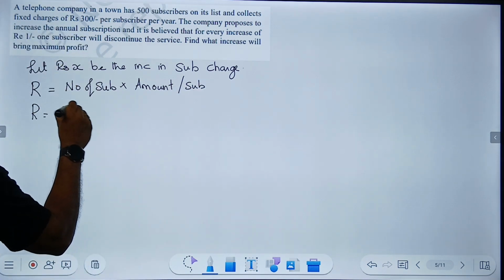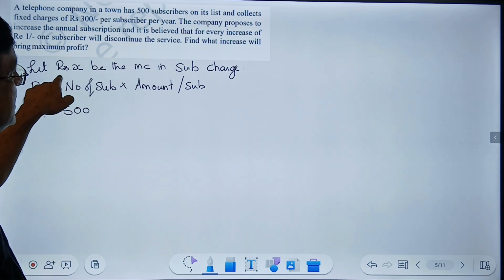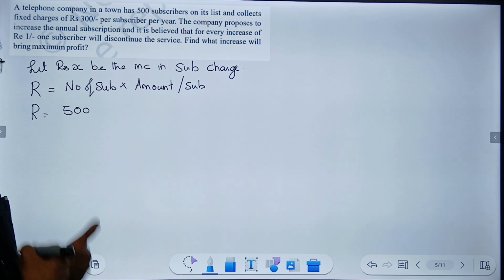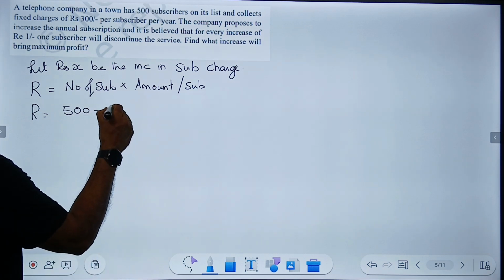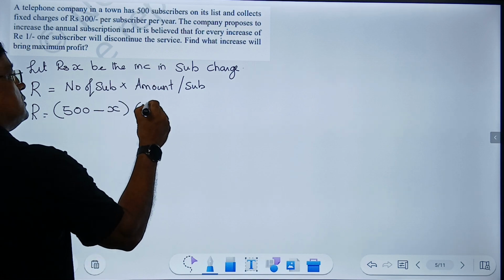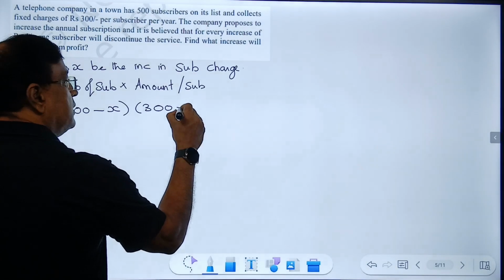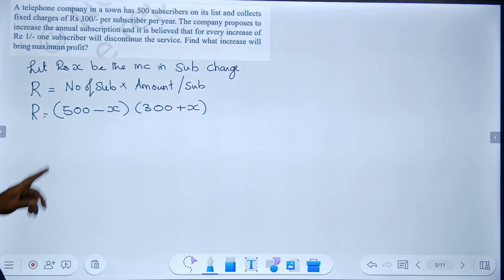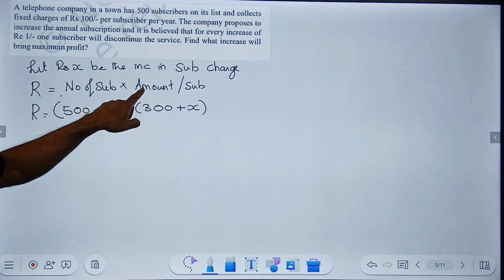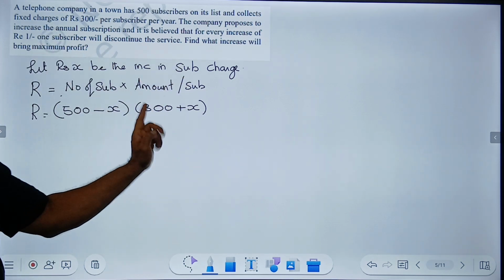Initially there were 500, but since I am increasing the amount by X, the subscribers will decrease by X. So the number of subscribers will be 500 minus X. Then my subscription charge will be 300, but I am increasing it by X, so it will be 300 plus X. So this is my total revenue.